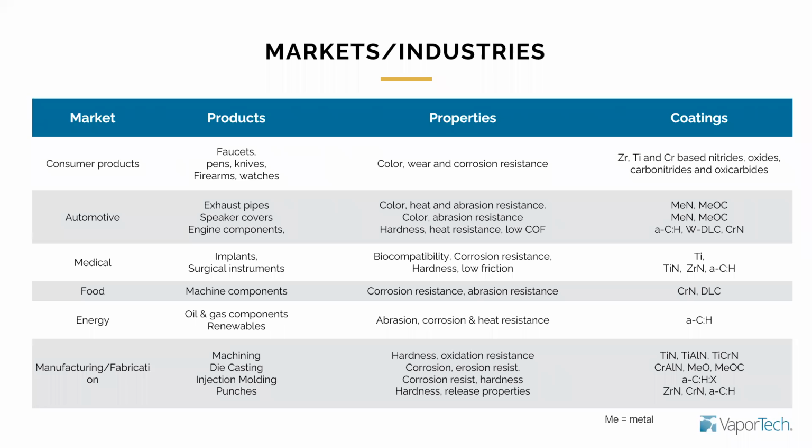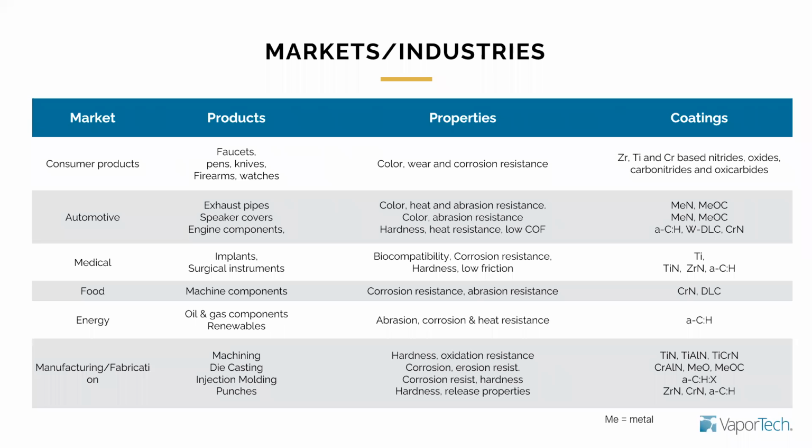Speaker covers or grills: in that case it's the color, but at the same time you have to have some sort of abrasion resistance, a scratch resistance, because inside the automobile you may be moving around and scratching those. You don't want those to show.